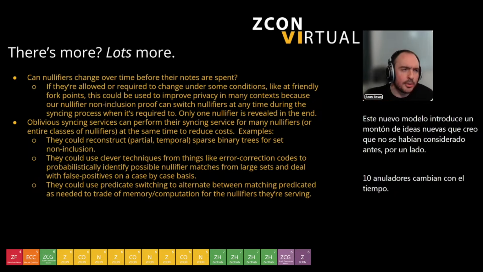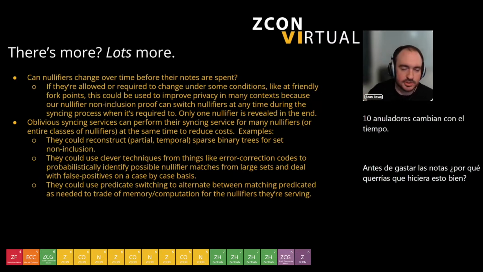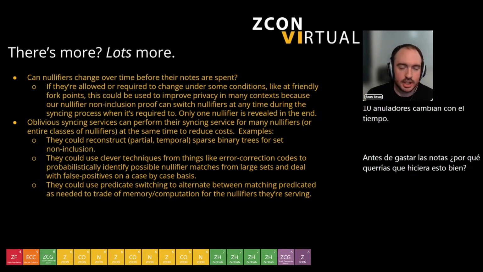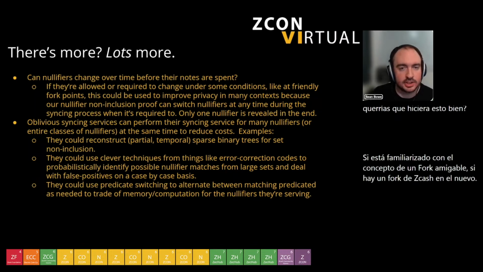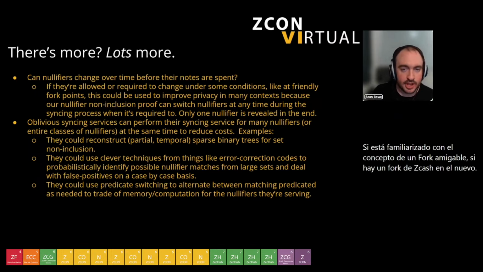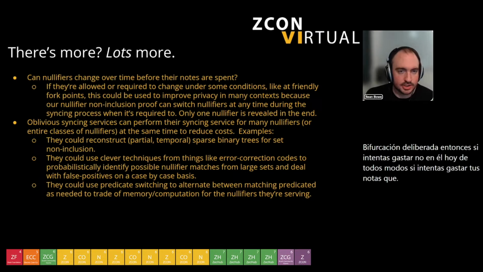Well, if you're familiar with the concept of a friendly fork, if there's a deliberate fork of Zcash, then if you try to spend your notes that existed before that fork, you'll reveal the same nullifier on both the original chain and the fork.